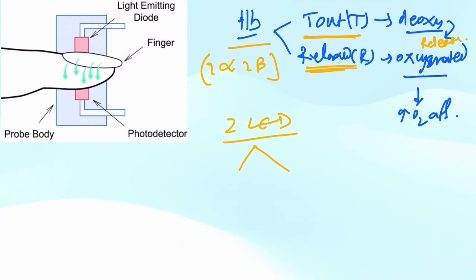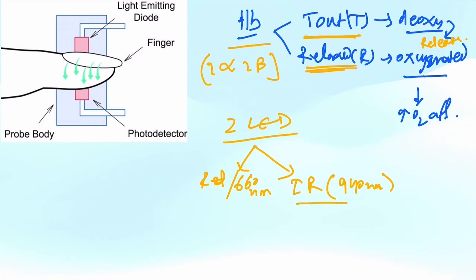So we take a red, I mean 660 nanometer wavelength, and infrared, it is 940 nanometer. For infrared or 940 nanometer, the absorption is maximal for oxyhemoglobin. For deoxyhemoglobin, absorption is maximum for 660 nanometer, right?